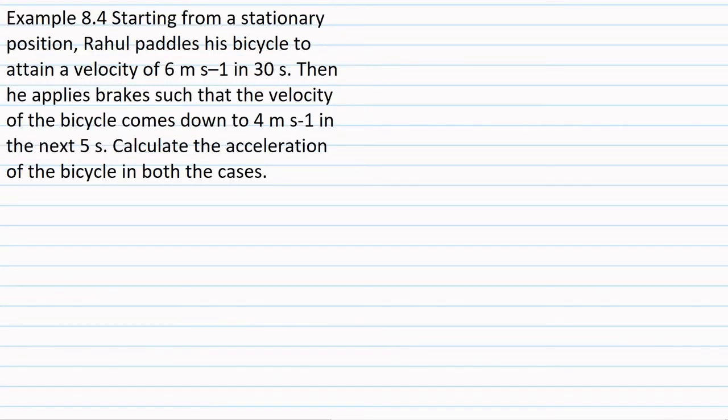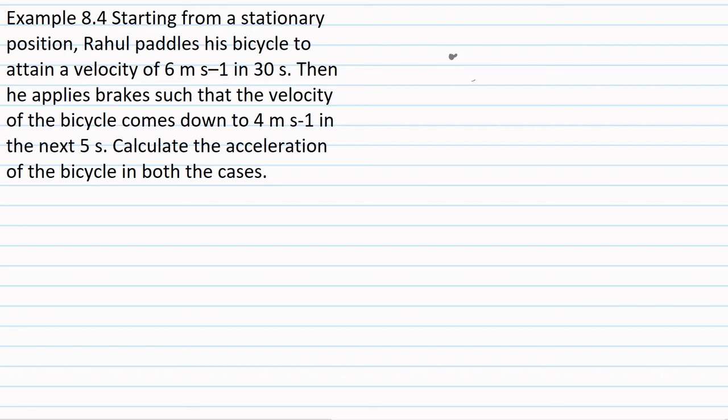Now let's look at example 8.4. Starting from a stationary position, Rahul paddles his bicycle to attain a velocity of 6 meters per second in 30 seconds.